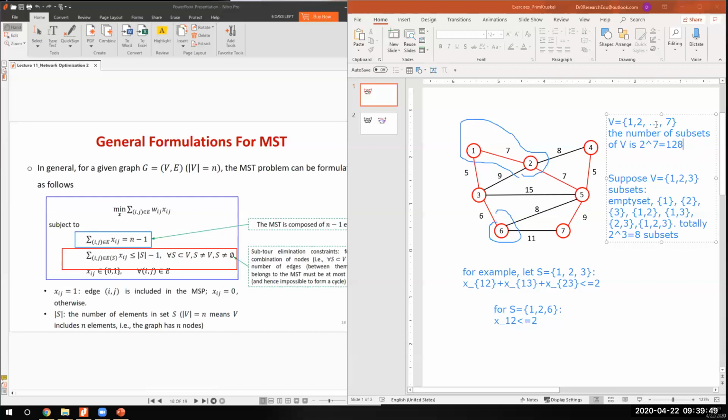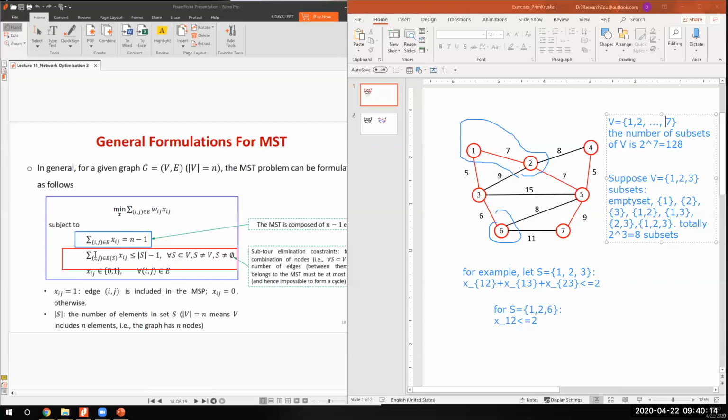And you can see, suppose my V is 1 to n, then the number of subsets is 2 to the power of n, which is exponential. And in most cases, I cannot tolerate it because in real applications, you could have hundreds or even thousands of nodes. And 2 to the power of hundreds or thousands, no way. You cannot explicitly have a constraint for each subset.